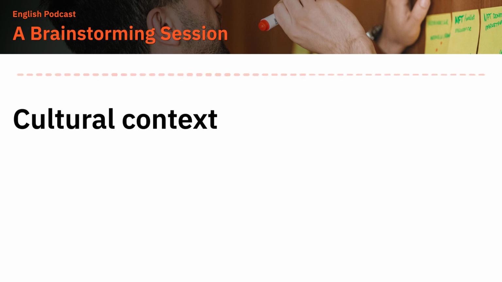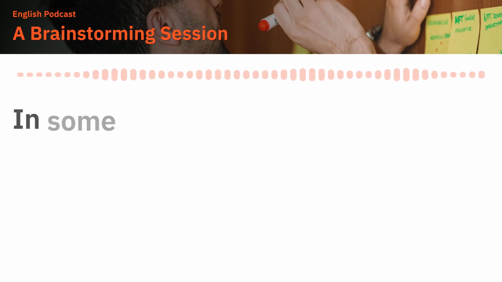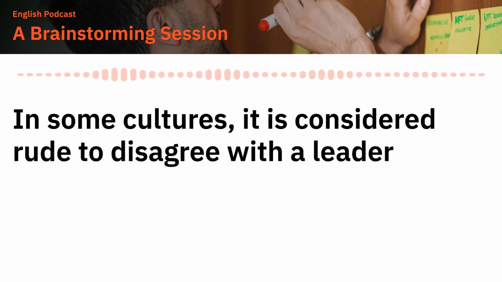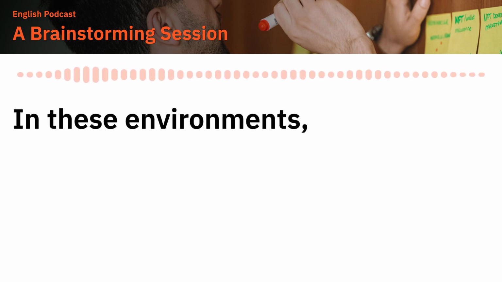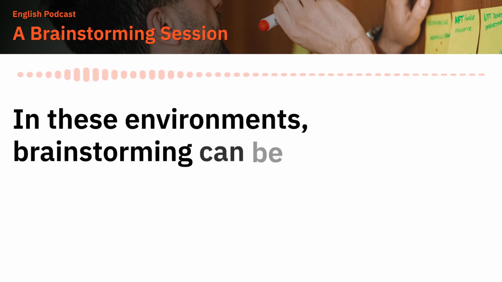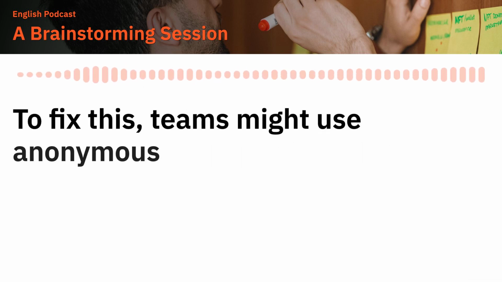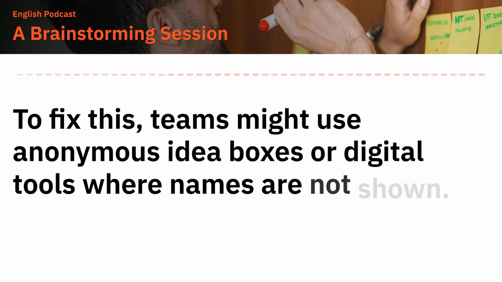Cultural context also plays a role in how these sessions happen. In some cultures, it is considered rude to disagree with a leader or a person who is older than you. In these environments, brainstorming can be difficult. To fix this, teams might use anonymous idea boxes or digital tools where names are not shown.